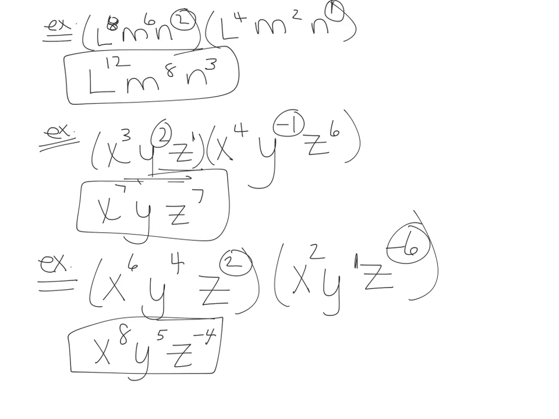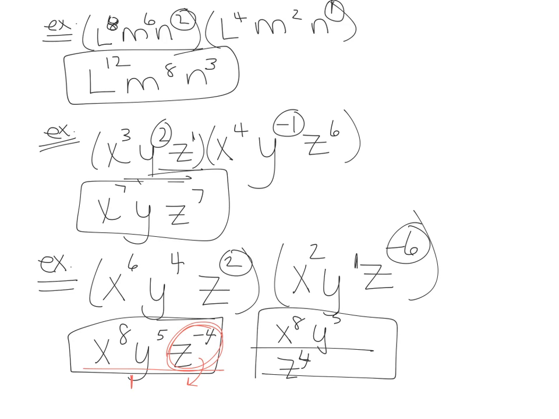Because of that negative exponent. So what do negative exponents do? They turn this problem into a fraction. So z has my negative exponent, so it's going down. So I have x to the 8th and y to the 5th on the top, and I have z to the 4th on the bottom. That's a demented looking 4. Goodness gracious, let's try again. There we go. It's still a little demented, but hopefully you're okay with that.